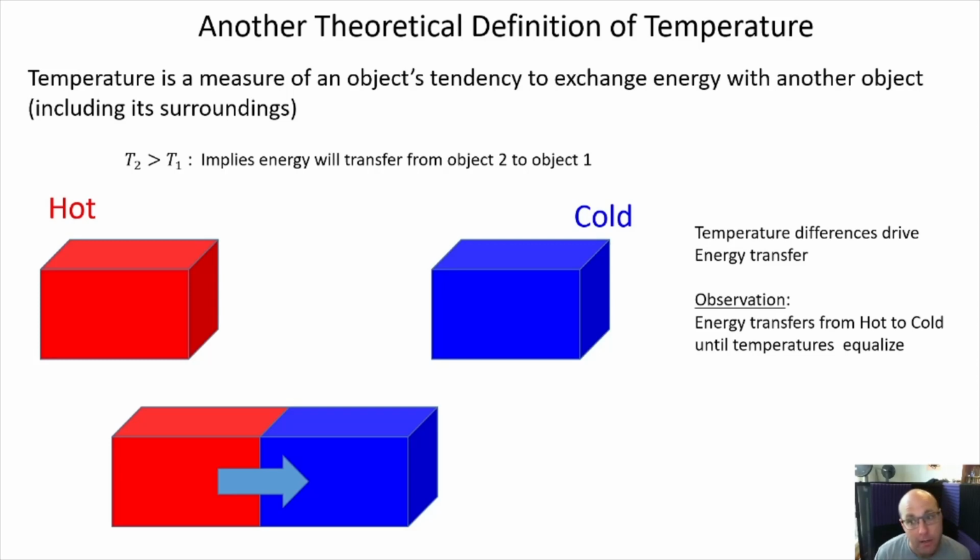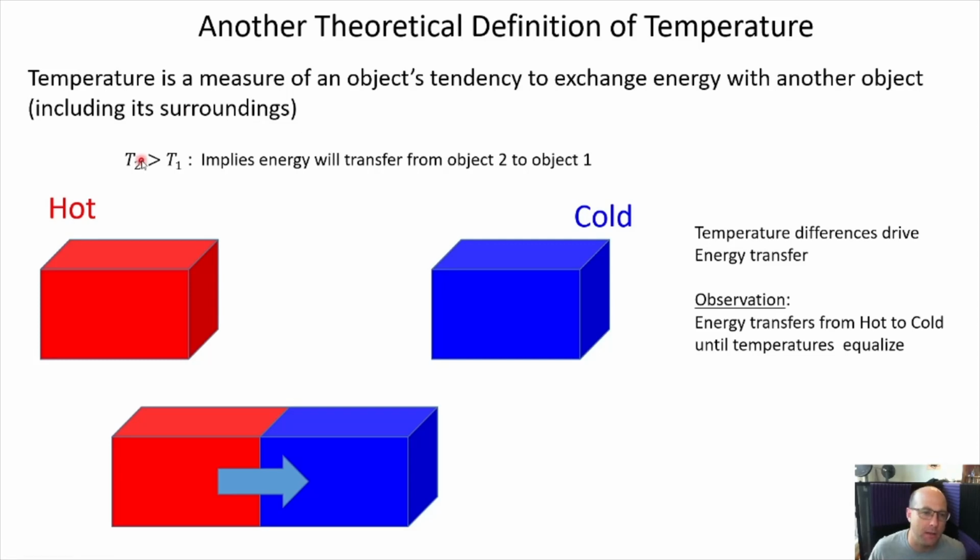So if you have a high temperature, it means most likely you're going to want to give energy to another object. If you have a low temperature, you're probably not going to want to give energy to another object. Okay? In some ways, this is almost a restatement of the previous definition in a slightly less useful way, though it actually will be useful in chapter 3 and 5.